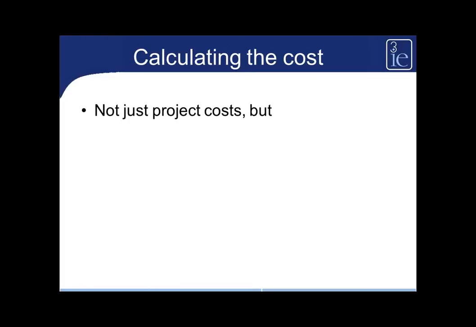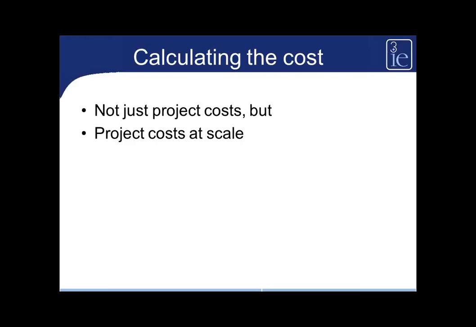Why is calculating the cost sometimes more difficult than it would seem? Well, first of all, the relevant cost here is not just the project cost. So it's not just saying, okay, well, USAID gave us a contract of $1.6 million, so that's our cost, so that's easy.